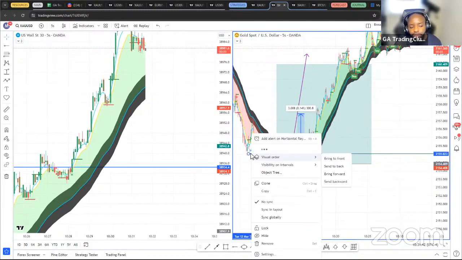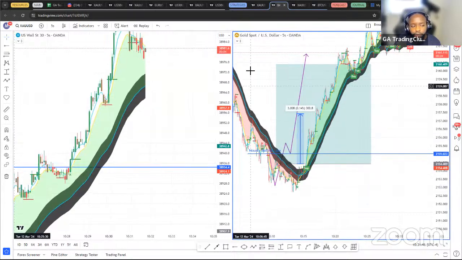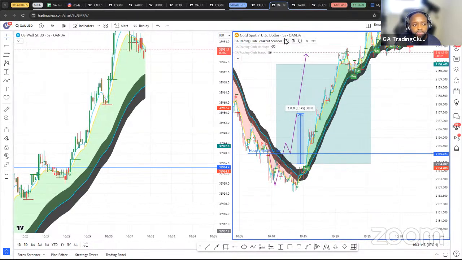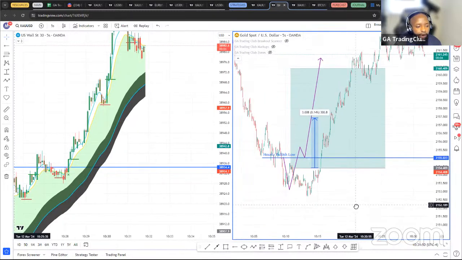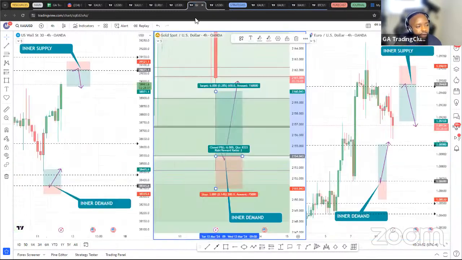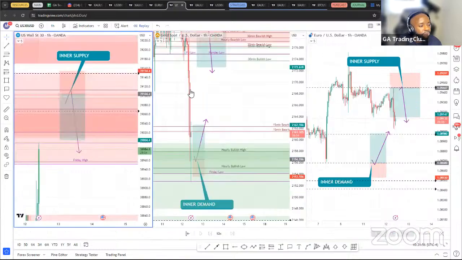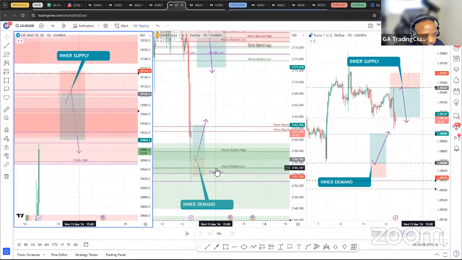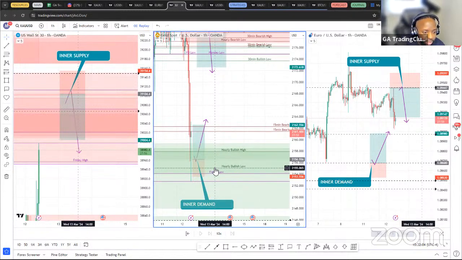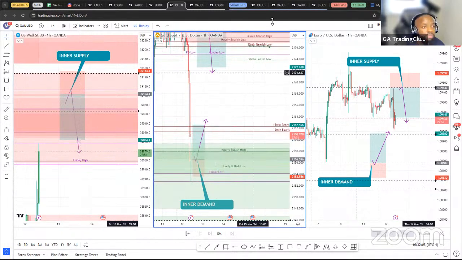Now, let's look at how the order blocks came into play. So if I turn this indicator off so that we have a better understanding, we had an hourly bullish low at 2155.065, and then the other hourly bullish high at 2157.9.